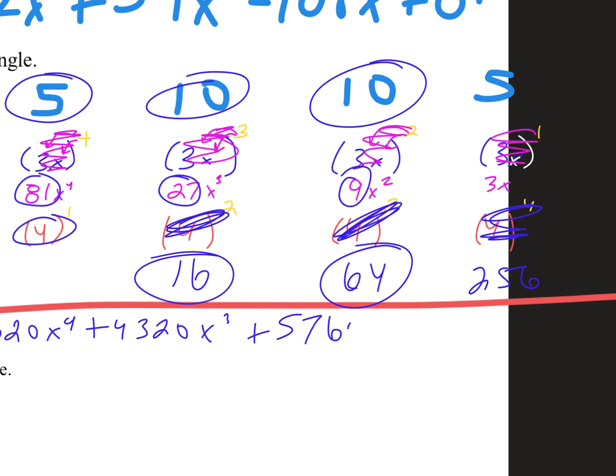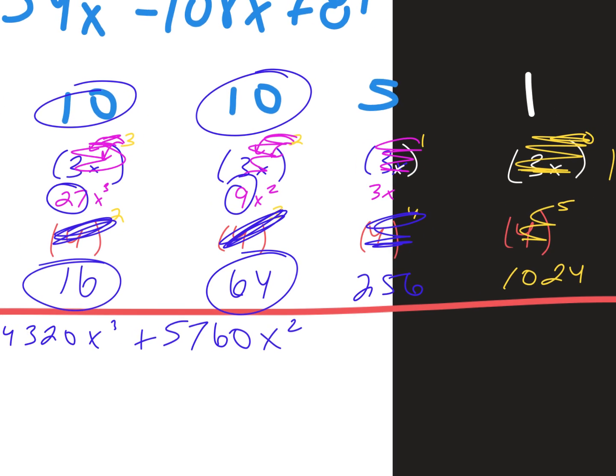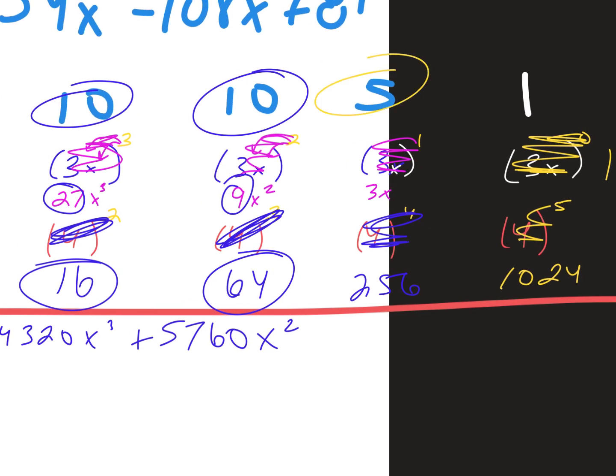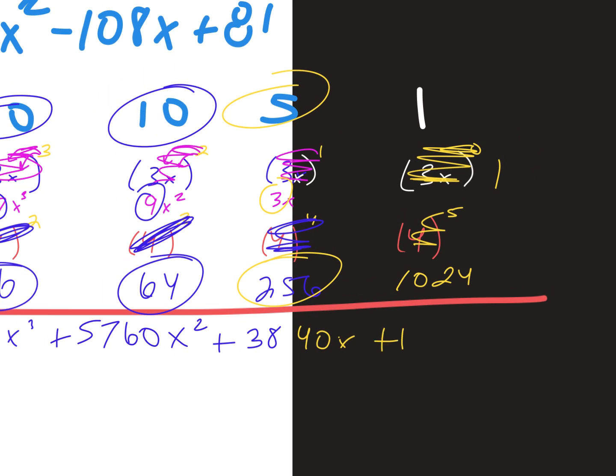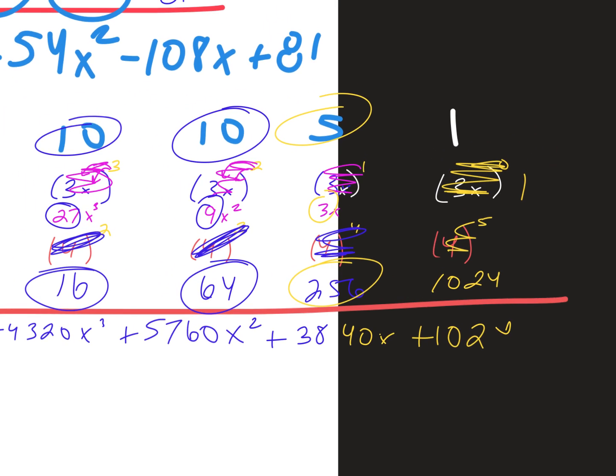Perfect. 5,760 x squared. Then you have 5 times 3 times 256. 3,840 x, good. And then plus 1,024.